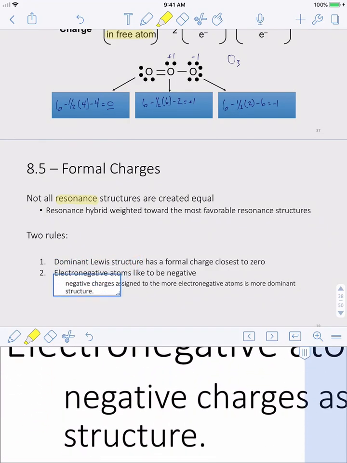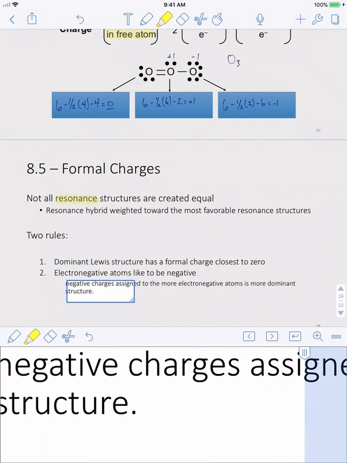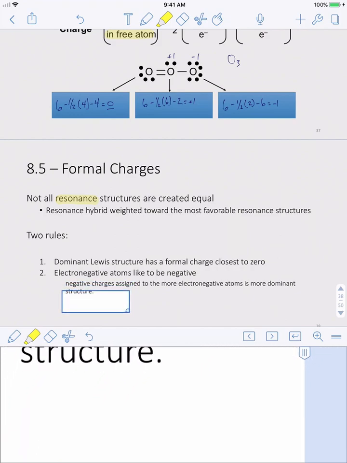And there's two rules here. The dominant Lewis structure is going to have a formal charge closest to 0. So we basically want to minimize formal charge. And if we have formal charge on the molecule, we want to put that negative charge on the most electronegative atoms in the structure.